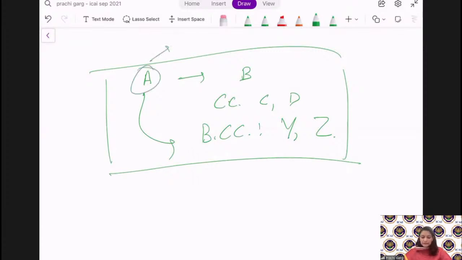A is the sender. B is the receiver. Am I clear? Yes. So these are the two main people and CC.